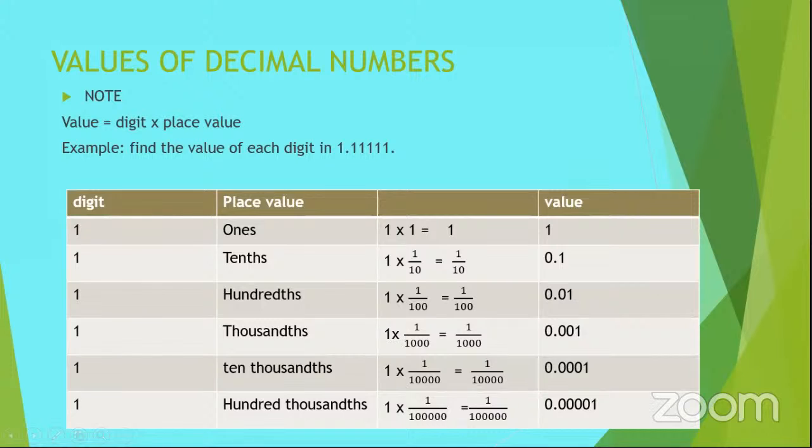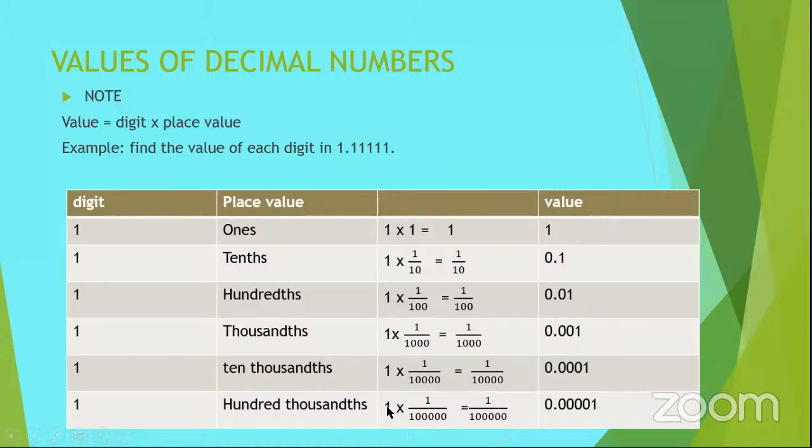Plus, how many zeros does 1,000 have? 1,000 has 3 zeros. So when you put them together, you find that 100,000 will have 5 zeros. But this time around, we are dealing with 100,000ths. That one is written as 1 out of 100,000.